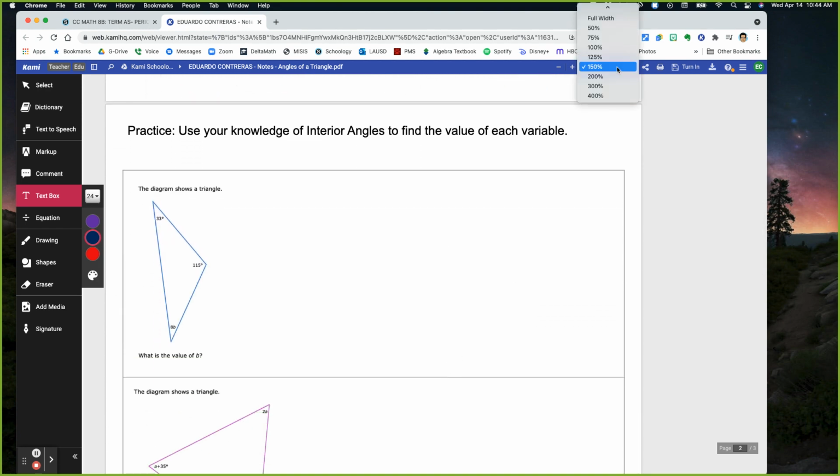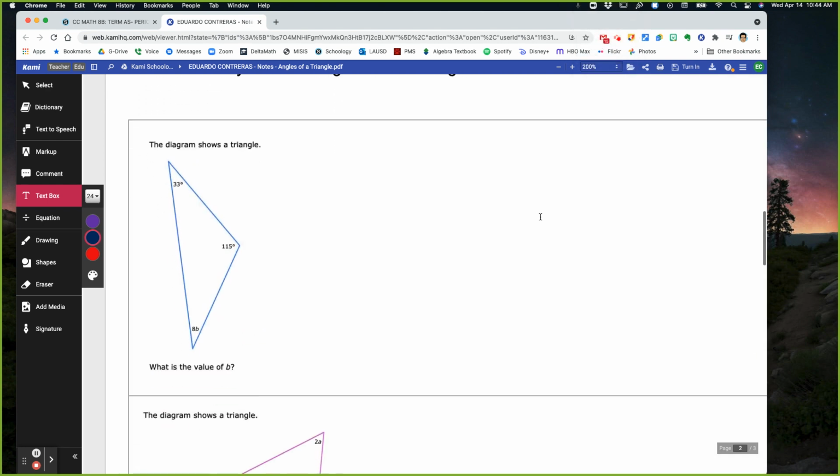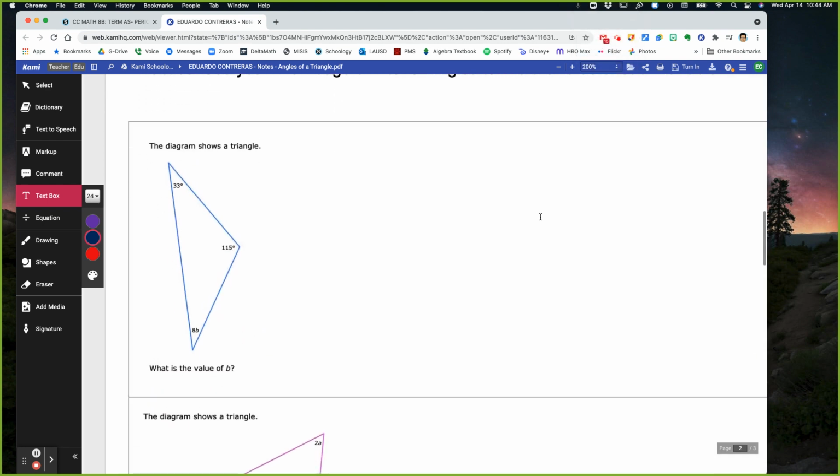So I think I will go up to 20% here. So here we go. It says the diagram shows a triangle. Okay, we see a triangle. What is the value of B? So what do I know that's going to help me here? I know that if I add up all three angles, it's 180.